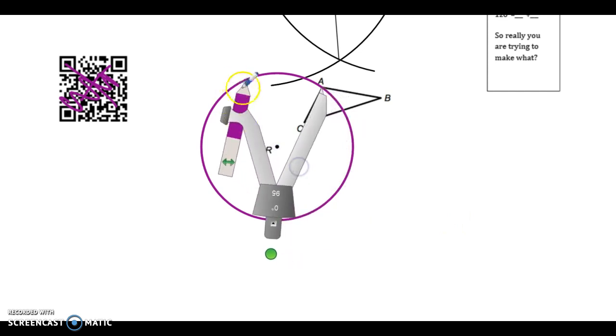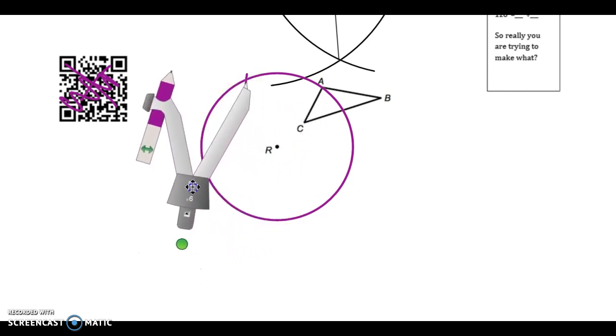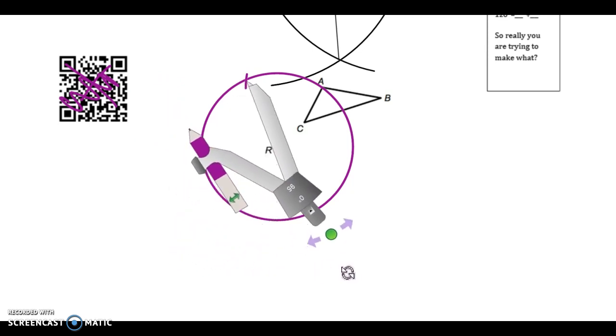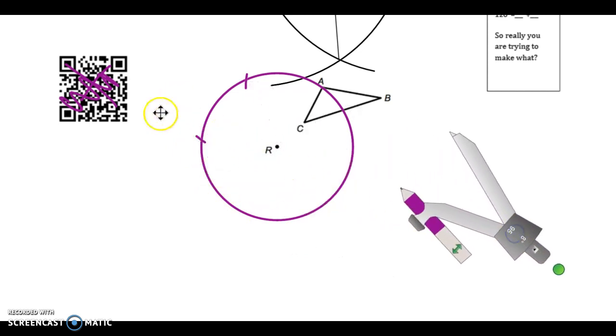The first mark that I make should be 60 degrees. Every time I move my compass, it should be another 60 degrees. So now I'm going to that point that I just made, and if I make this mark, that should be at 120 degrees. So I can label that point there, point A prime.